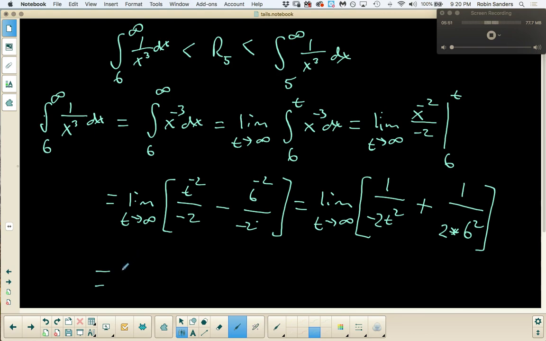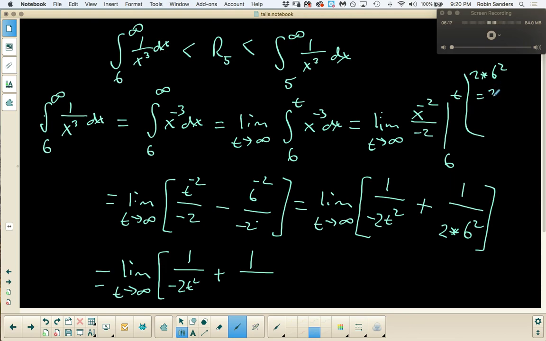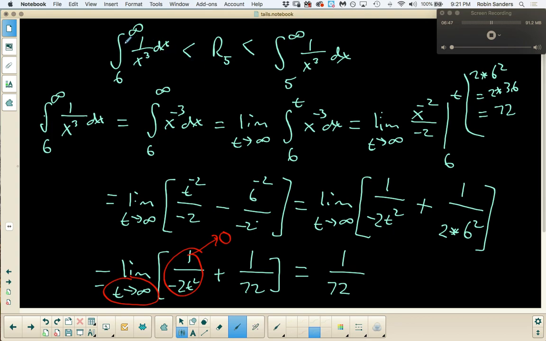So we're looking at the limit as t gets big of 1 over minus 2t squared plus 1 over 2 times 6 squared. Doing some scratch work, 2 times 36 is 72. So we have plus 1 over 72. As t gets big, this fraction goes to 0, and as a consequence, our limit becomes 1 over 72. So this particular side of our inequality is 1 over 72.